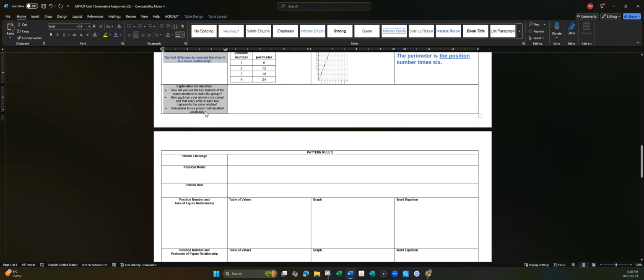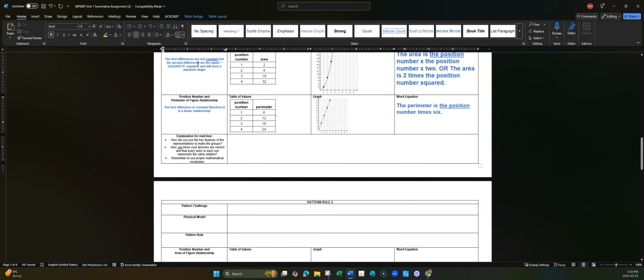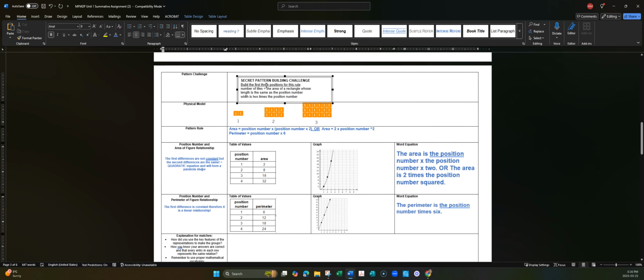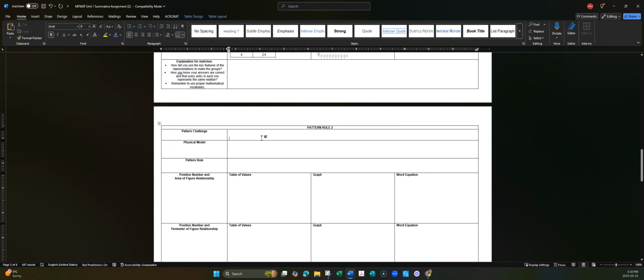Use your proper mathematical vocabulary. I'm looking for words like quadratic, linear, parabola, independent variable, exponents, first differences, second differences. Like, you've written down a little bit of the work up here already. You could have also put that down here. But the point is that you're proving to me that you know that all of this is relating to this secret pattern.